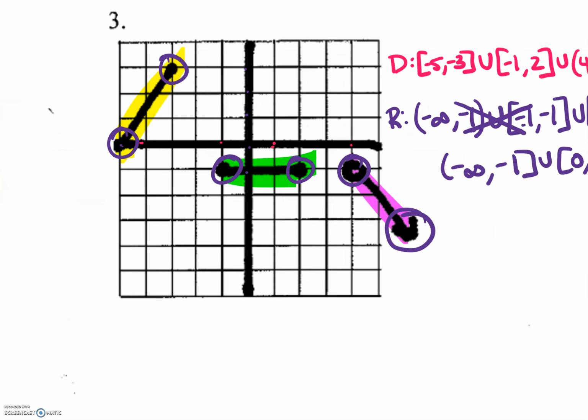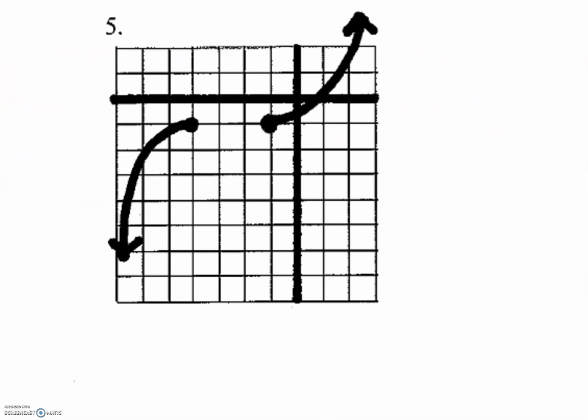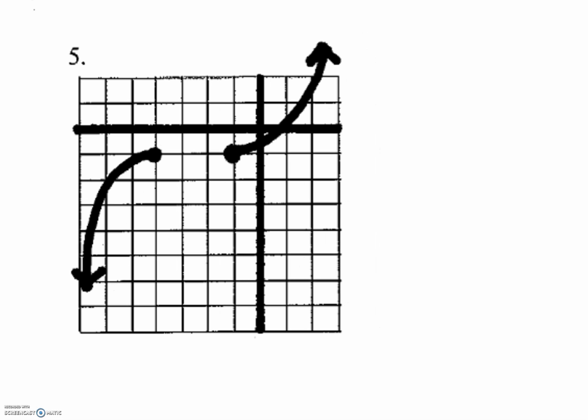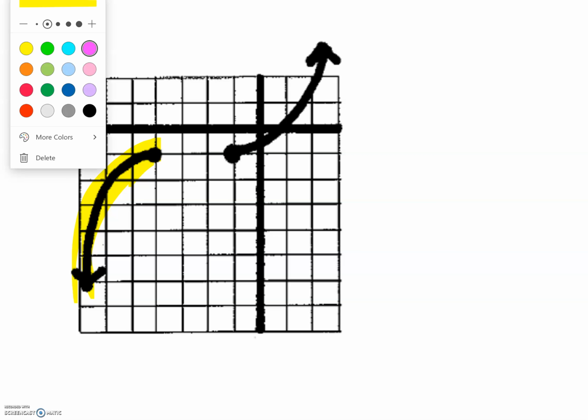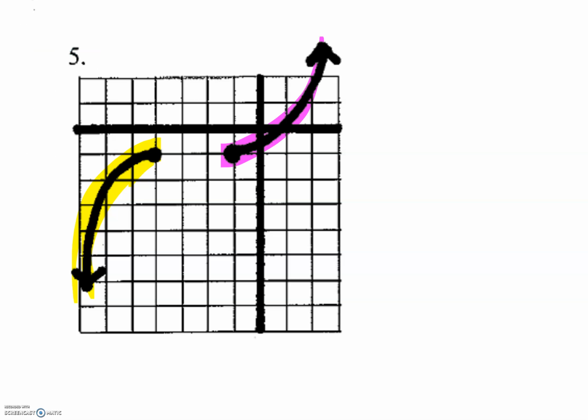Alright, I'm going to skip down. Let's look at another one. Let's look at number 5. Alright, so if I color coordinate, we have the yellow and we have the pink. So again, let's start with domain. So the yellow's the furthest left. Notice that arrow, it's actually getting wider.